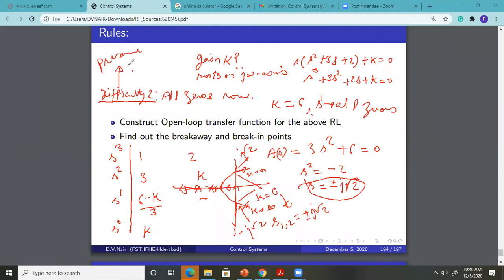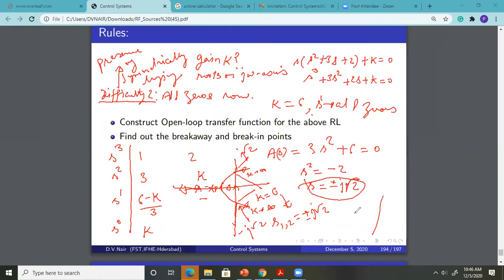Difficulty 2 points to what? Existence of symmetrically lying roots. What are symmetrically lying roots? Either they are symmetrical with respect to what? Real axis.